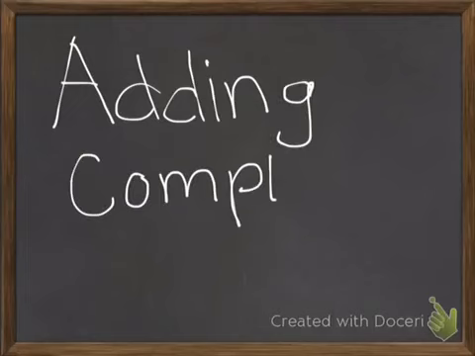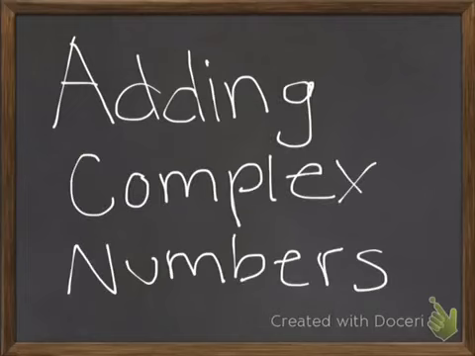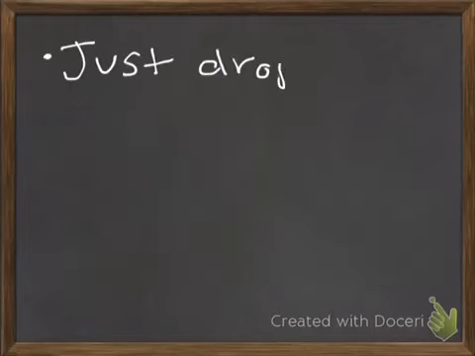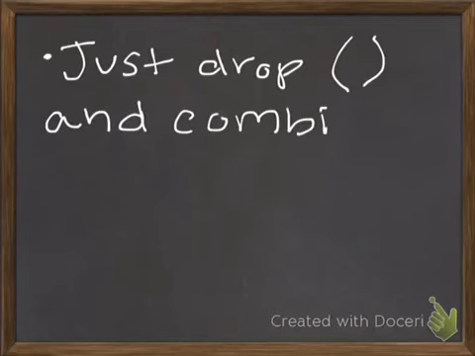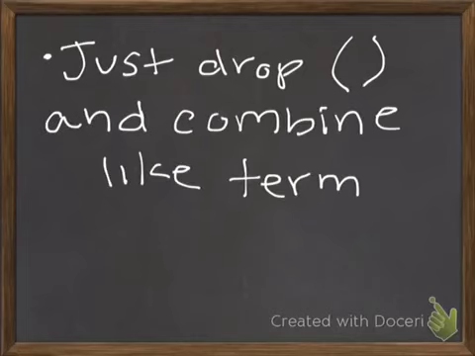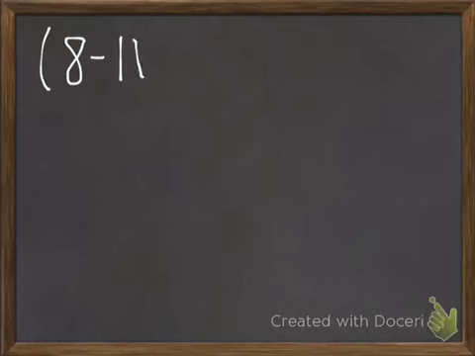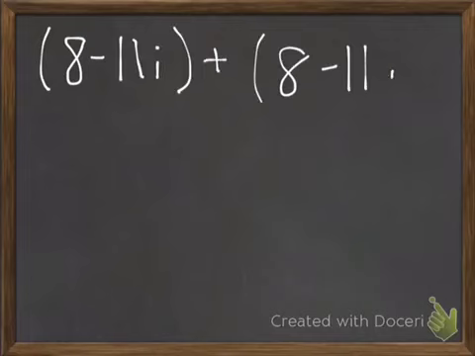Now we're going to move on to adding complex numbers. All you have to do is drop the parentheses and combine like terms. So, in this example, we're going to use 8 minus 11i plus 8 minus 11i. Now, they're not always going to be the exact same numbers, but in this example, they happen to be.